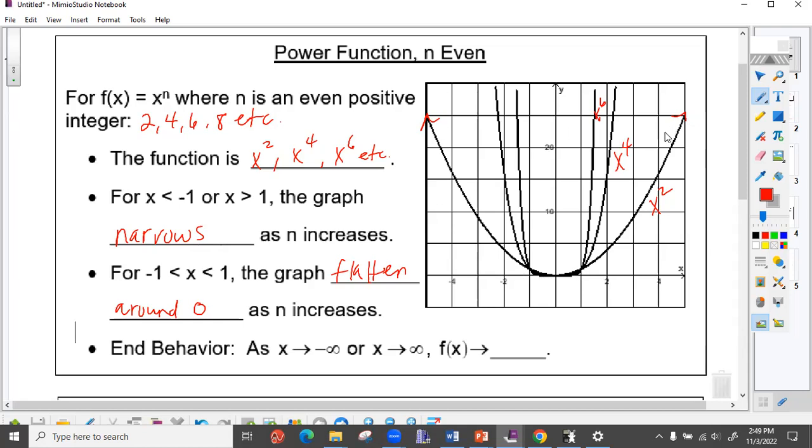They're increasing forever to positive infinity, right? So our end behavior is that f of x goes to infinity. For even functions, they're going to do the even behaviors. You're going to start how you end.